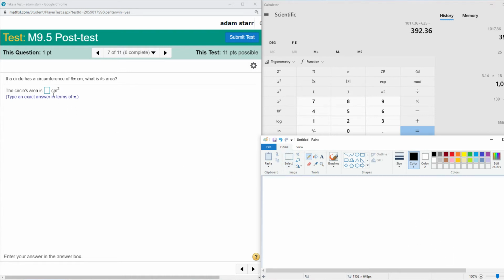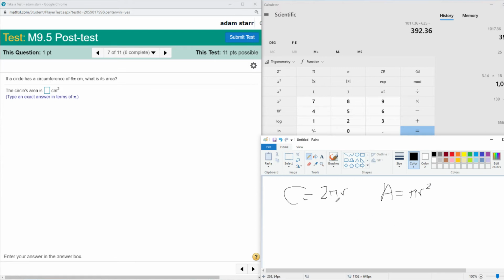Okay, next question. If a circle has a circumference of 6 pi centimeters, what is its area? And we want to leave it in terms of pi. So we're starting with the circumference and we have to get to the area. If I look at the circumference formula, which is 2 pi r, and the area formula of a circle, which is pi r squared, they have a couple things in common.